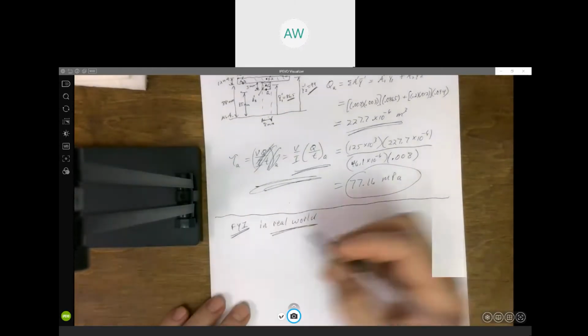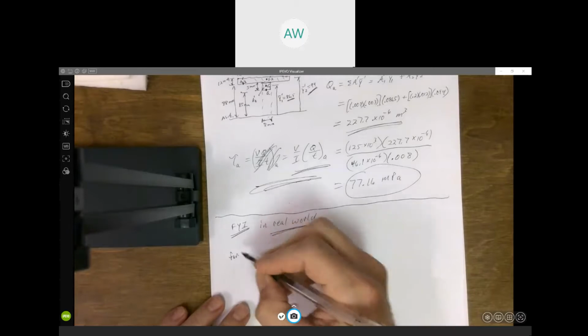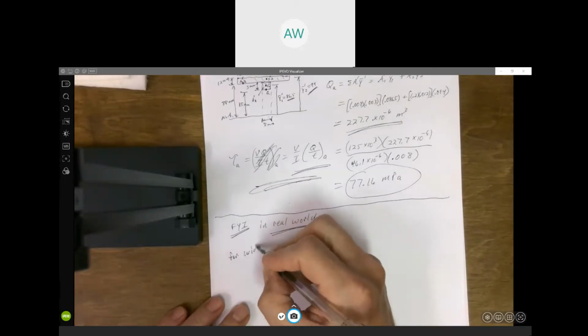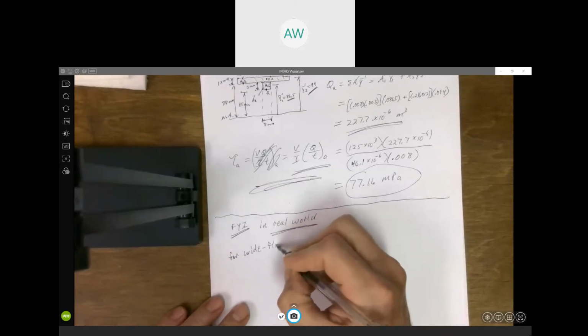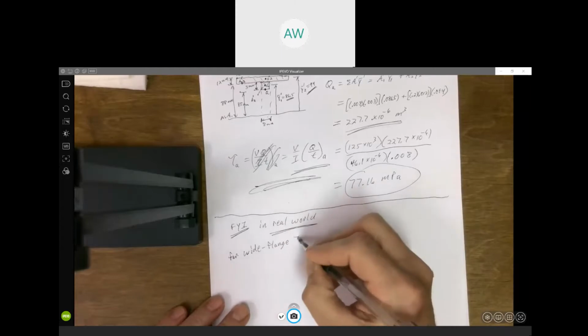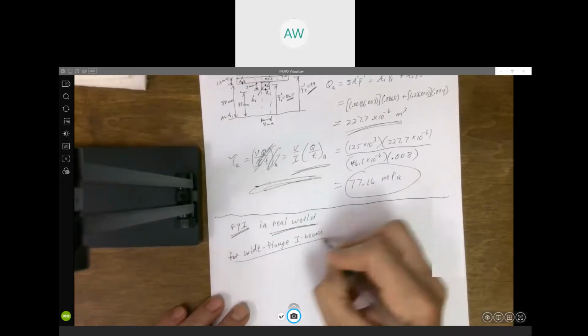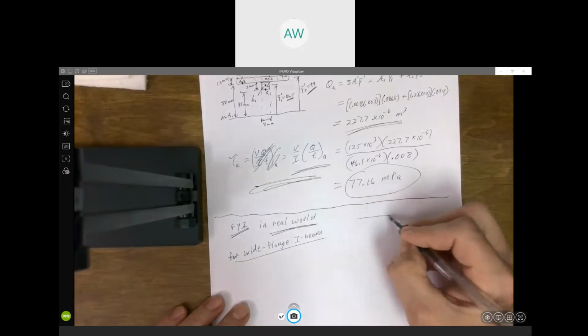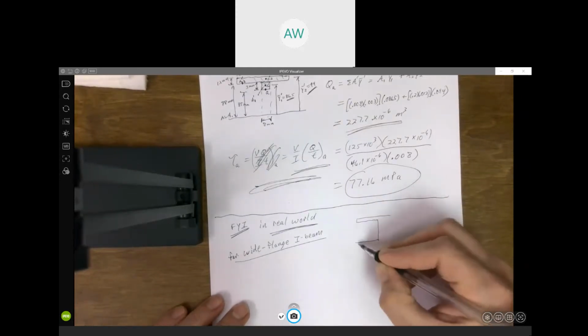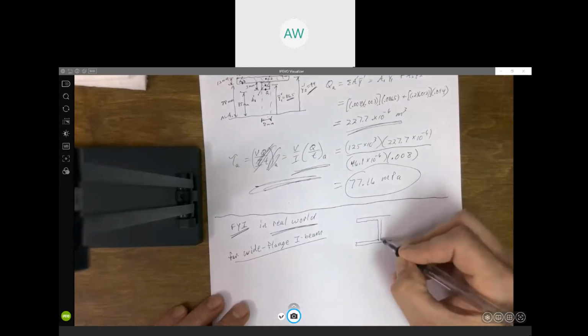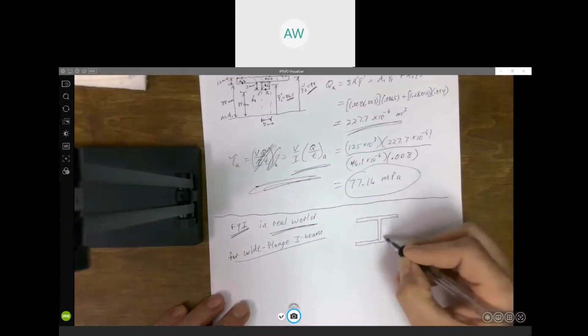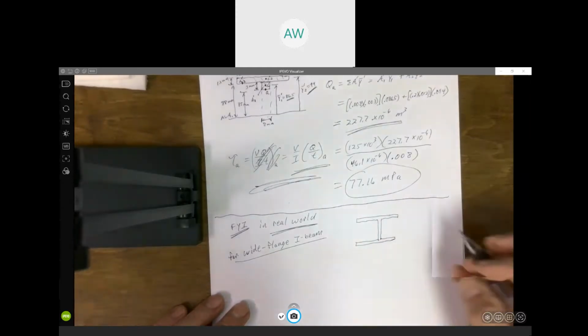Now, for what we call a wide flange I-beam, we're talking about an I-beam that has wide flanges. I've used this term before, but I'll point it out to make sure everybody's with me terminology-wise.